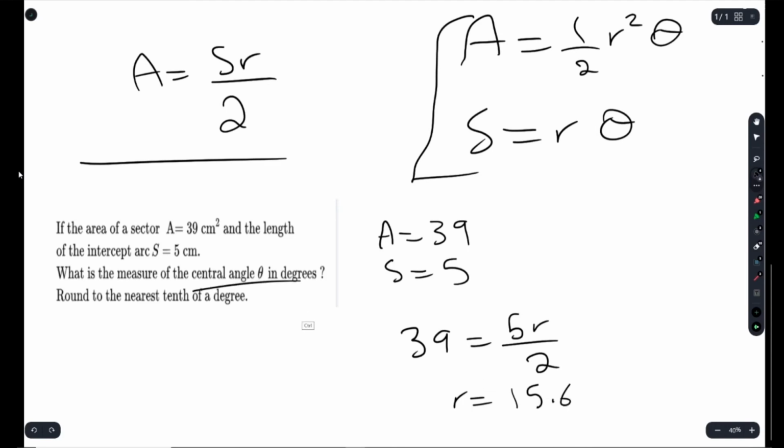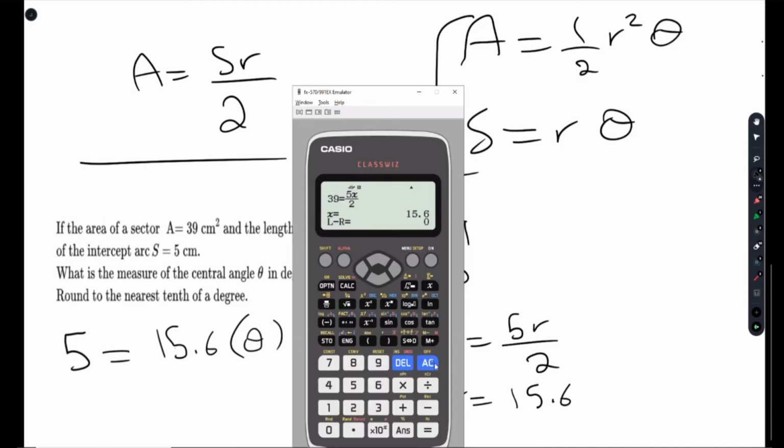But they're not asking for the radius, they're asking for the central angle, so we can use either one of these formulas. I'll use the second one because it's easier. So S is 5, and R is 15.6, then theta. Again, we can use shift solve. 5 is equal to 15.6 times x, 0.32.